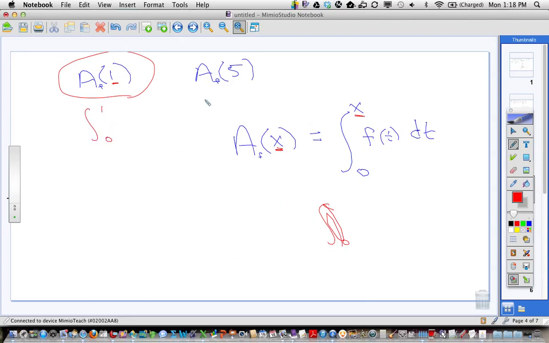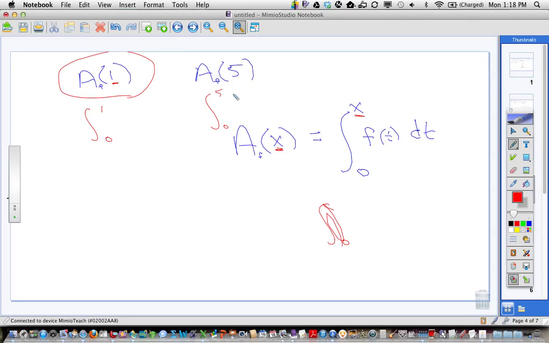What's A of 5 mean? The area from 0 to 5. Look at that picture. What's bigger, the area from 0 to 1 or the area from 0 to 5? 0 to 5. Again, why? Because the graph's above the x-axis, so it's all positive area. So the area from 0 to 1 is this chunk. The area from 0 to 5 is this chunk. The area from 0 to 5 is bigger. So A of 5 is bigger.